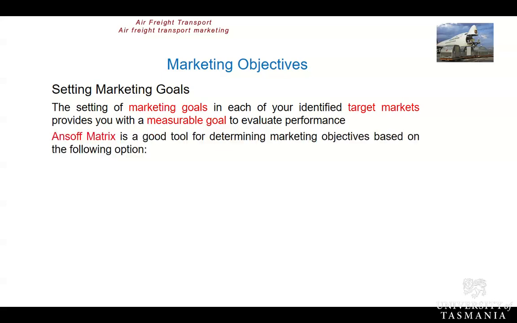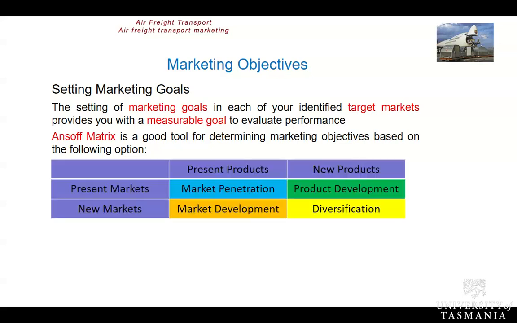So, for example, one of the good techniques for working out a goal is to use the Ansoff matrix. The Ansoff matrix is a process that just assists you in setting goals. And it looks something like this.